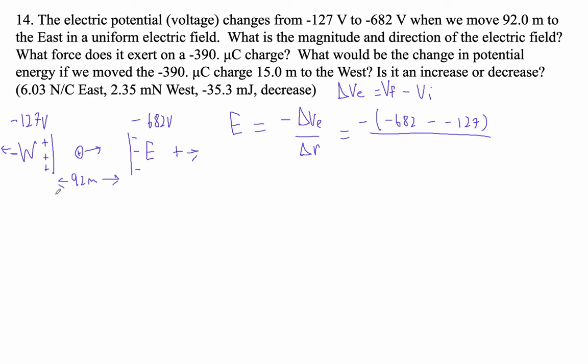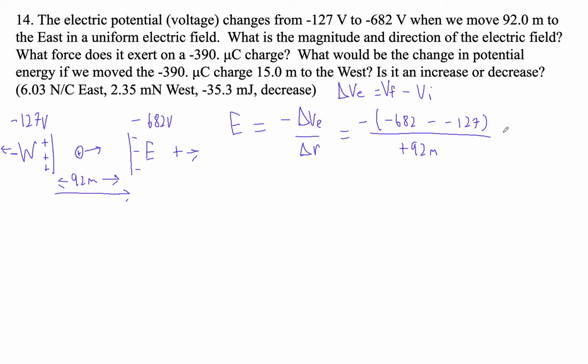But we're going to move to the right. We're moving positive 92 meters. Okay, we can do this. Opposite of parentheses, whoops, it should be negative 682, minus negative 127, divided by 92.